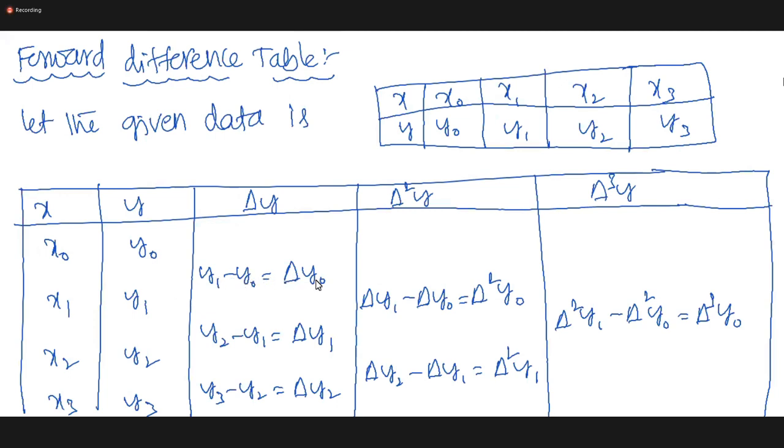y1 minus y naught is delta y naught. y2 minus y1 is delta y1. y3 minus y2 is delta y2. In forward differences, starting with y naught. In backward differences, starting with y1. So in the last class, I made a mistake.